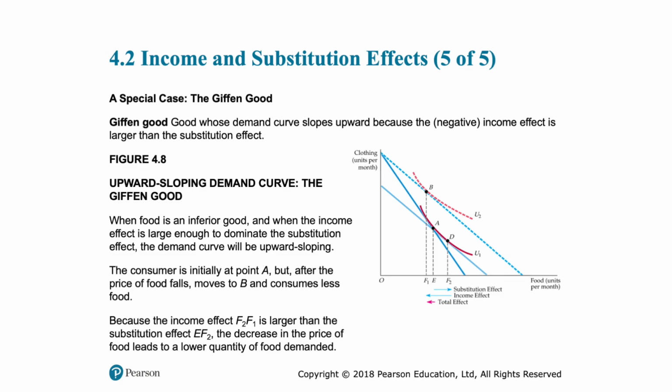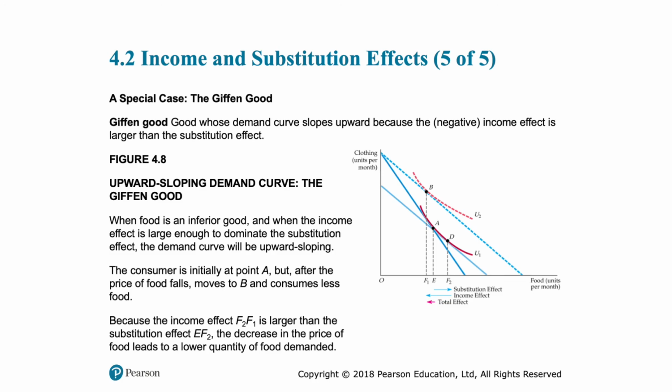Destroying the law of demand, because the negative income effect is larger than the positive substitution effect. Okay? You look at this graph. When food is an inferior good and the income effect is large enough to dominate the positive substitution effect, the demand curve will be upward sloping.